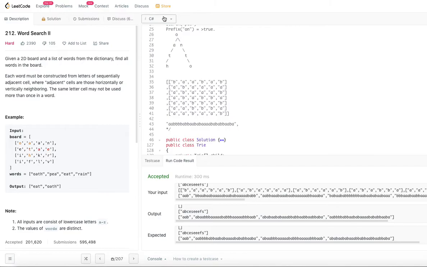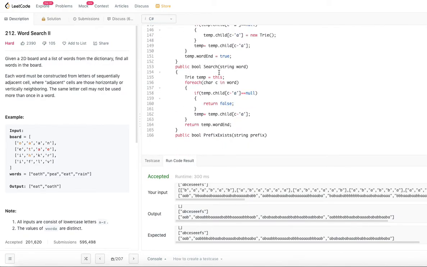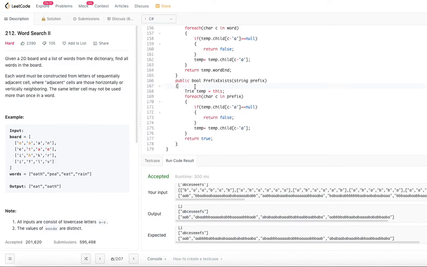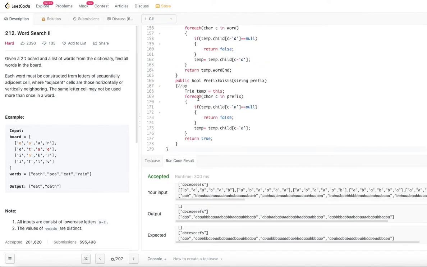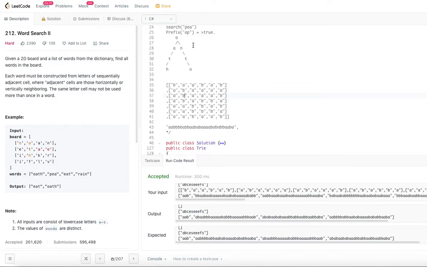Similarly, if you go back and check the prefix OP, we are searching for OP. We get the trie data structure, and the first character is O. The first character's child pointer is not null because O already exists, so it will take the child pointer of O. Next, when we move further, we are at P. For O, do we have a P pointer?